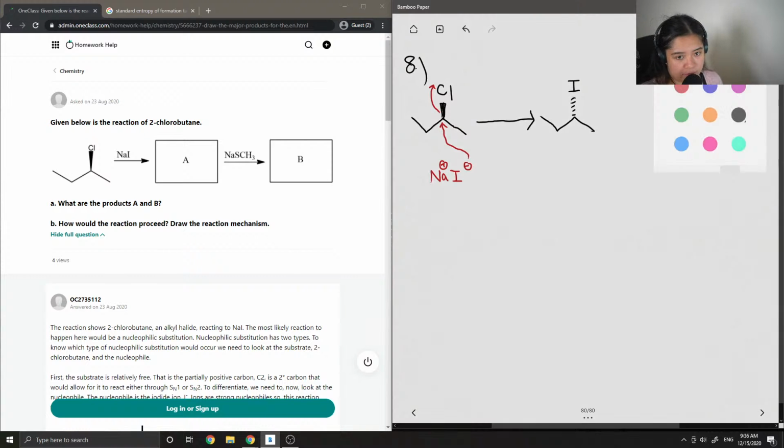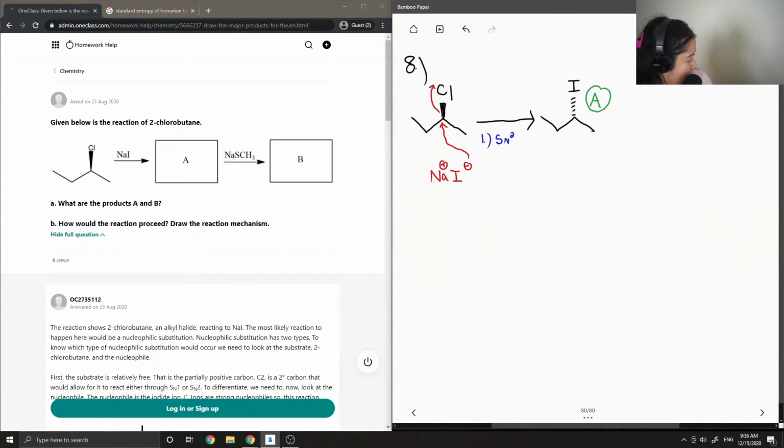Okay, so let me just write what happens first. So this is product A. So what happened is an SN2 reaction.